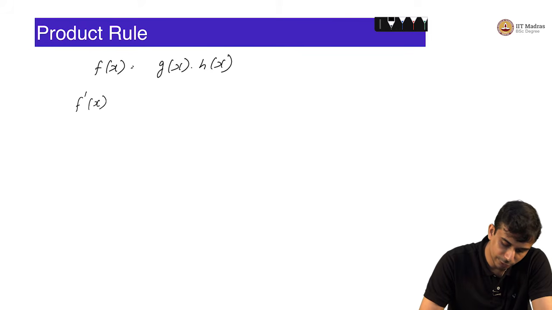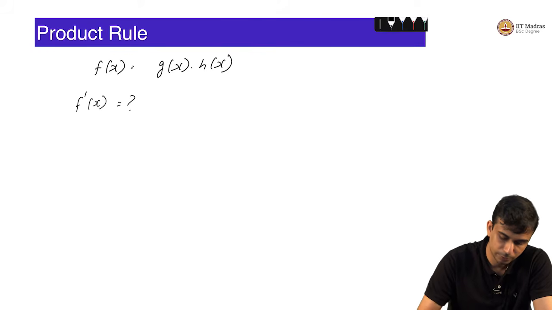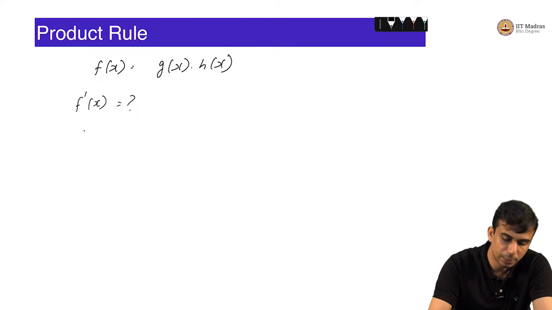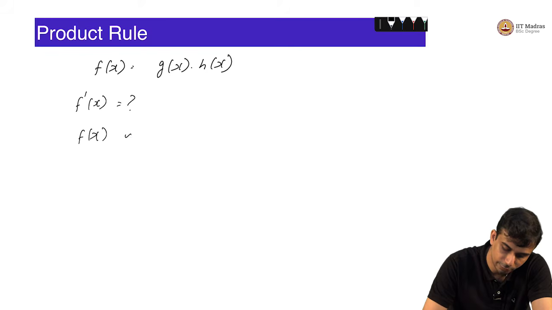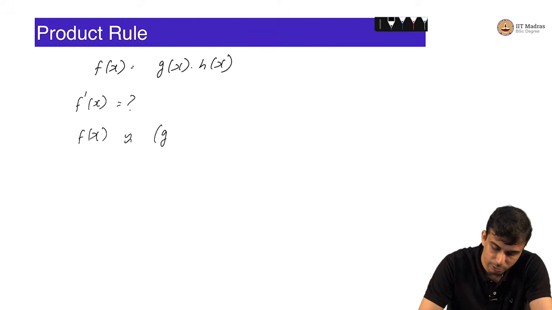So, f dash of x is what we want. Now we will do linear approximation of g and h separately. f of x is approximately g of, let's pick x star equal to 0 for now.